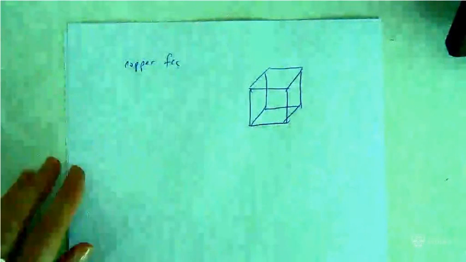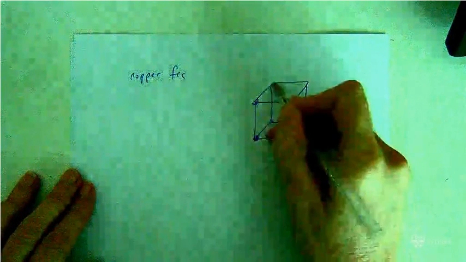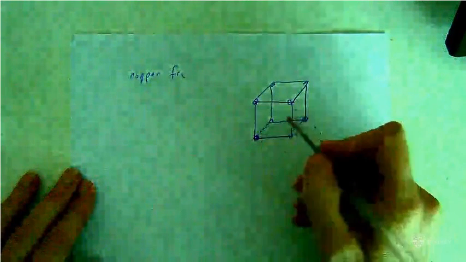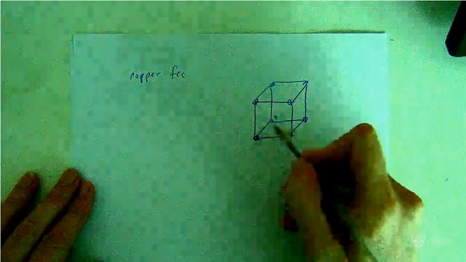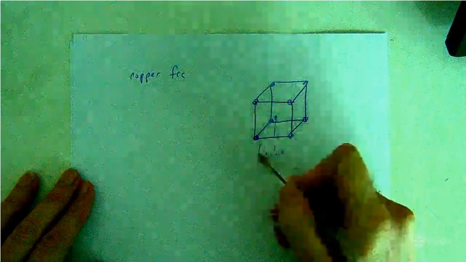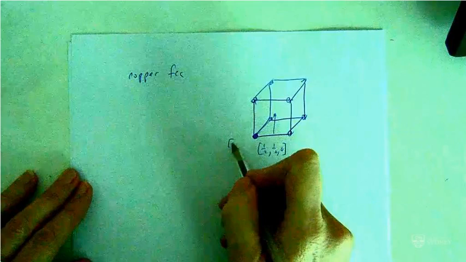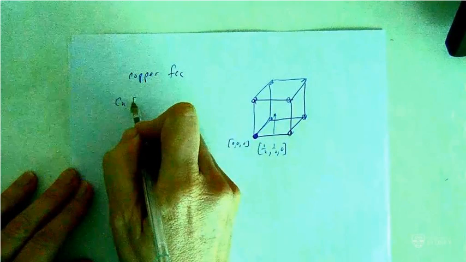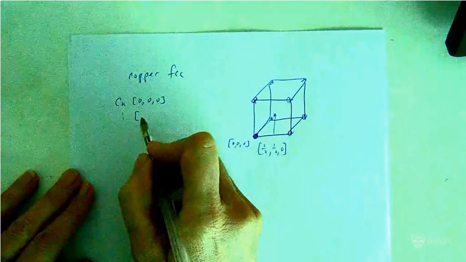Okay, we've got atoms here at the corners, and then we've got atoms at the face-centered cubic sites. Say one up here at a half, a half, 0. And then, of course, one at the origin. Let's just write them down. So 0, 0, 0. Another copper atom at a half, a half, 0.